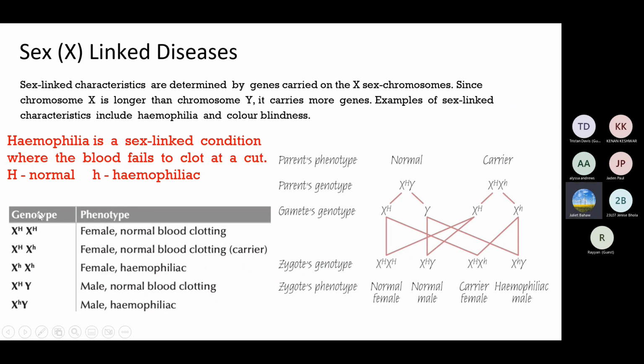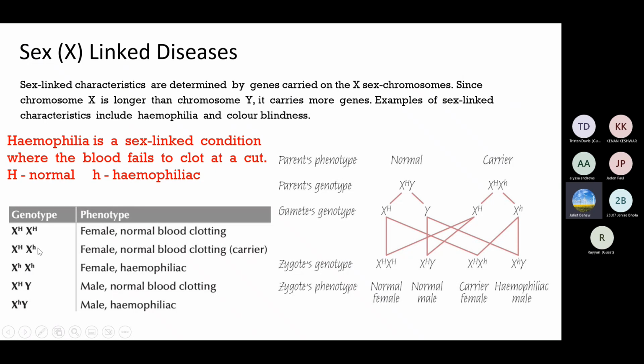Okay, so here are the different genotypes. Anytime you're doing this particular question, you always have to put your sex chromosomes. All right, so for female, we use capital H for normal, and small h to represent hemophilia or hemophiliac. So if you have this combination, the female is normal.